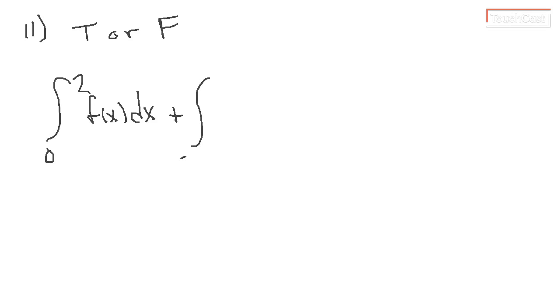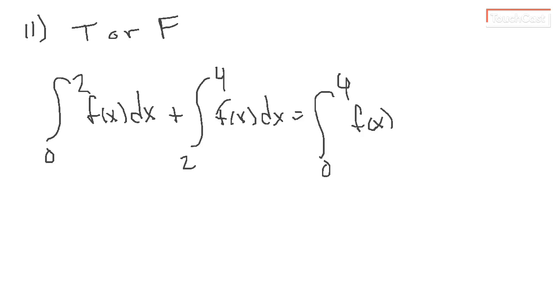It asks us, true or false, is the integral from 0 to 2 of the function with respect to x plus the integral from 2 to 4 of the function with respect to x equal to the integral from 0 to 4 of the function with respect to x. Utilizing the properties, this is true.